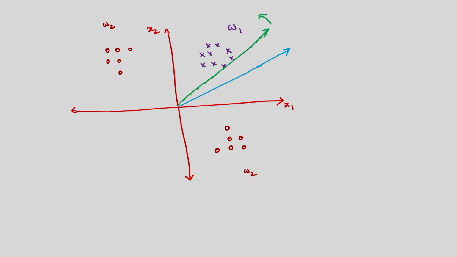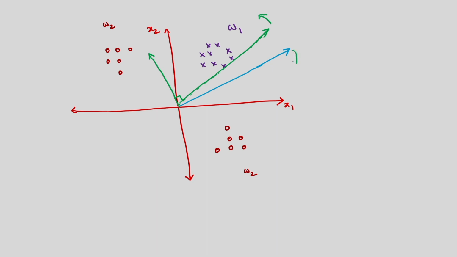So I cannot move the decision boundary beyond this limiting position. And corresponding to this, what is the weight vector? The weight vector is always perpendicular to the decision boundary. So this is my weight vector corresponding to this decision boundary, perpendicular to the decision boundary.